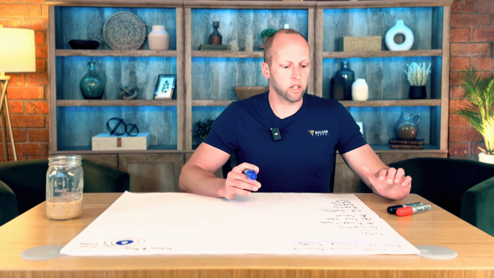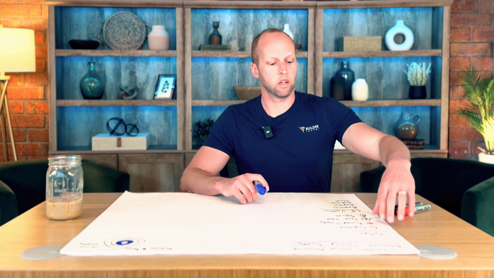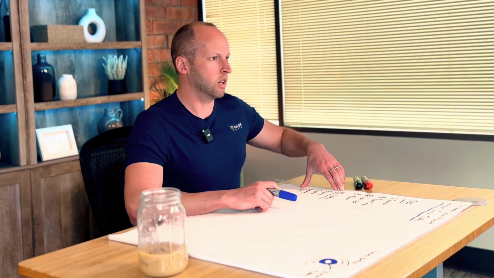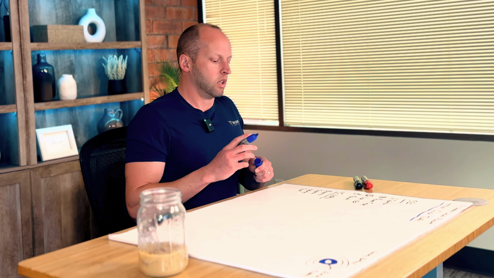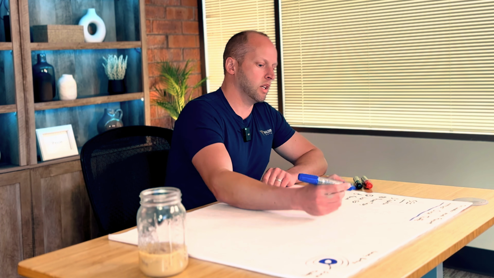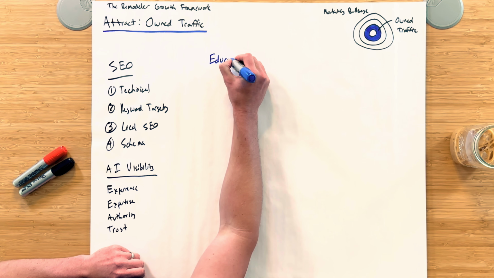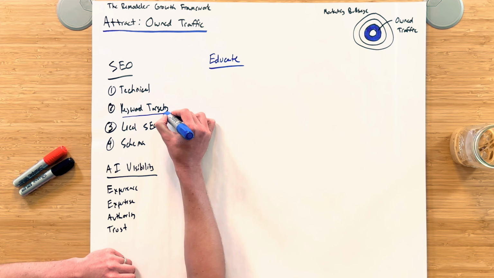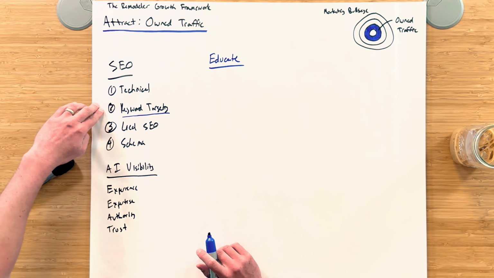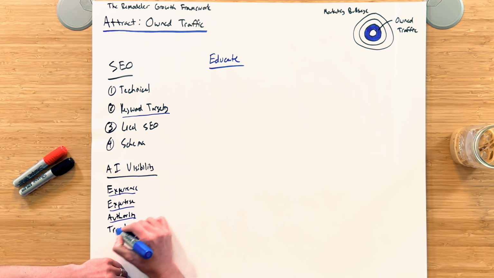As we think about trying to own more space on Google, on Yahoo, on Bing, or on ChatGPT, Perplexity, all of these platforms here, the big theme is that we're going to be educating our prospects, our audience. And so we're highlighting this one here. We're mostly going to be talking about this component of SEO, and then we're talking about these as well.